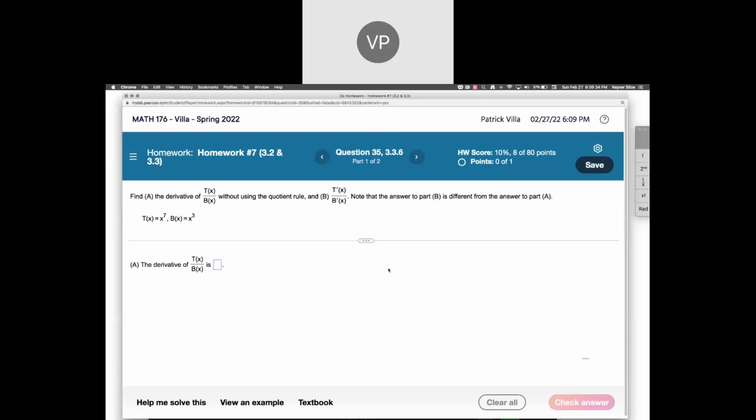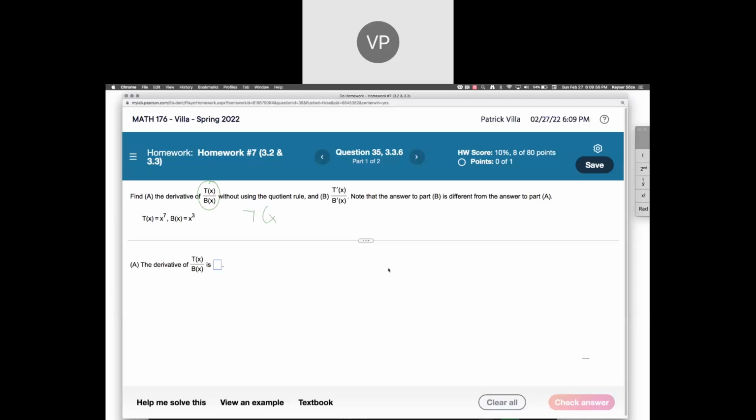So they want us to find the derivative of t(x) over b(x) without using the quotient rule. And then t prime over b prime, note that the answer is different from, okay. So they wanted to kind of show you the difference of the mistakes somebody will make. So they want to take these two and divide them.